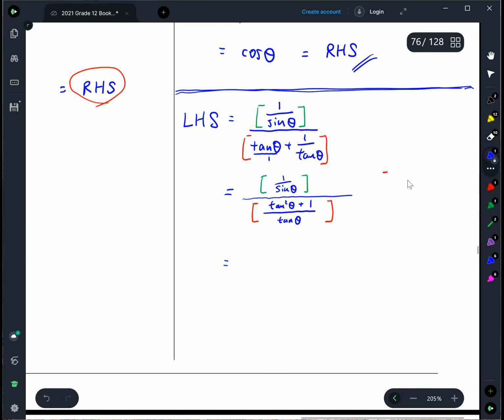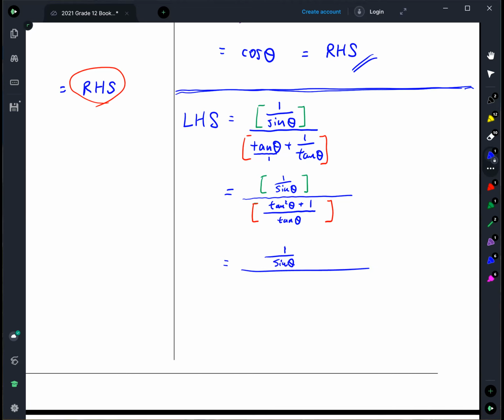Anyone else? We can turn the tan square theta plus 1 into secant square theta. Oh, okay. So this is which identity? Oh, the square? Yes, very good. Okay. So tangent square plus 1, if you memorize from your quiz, it's secant square theta.